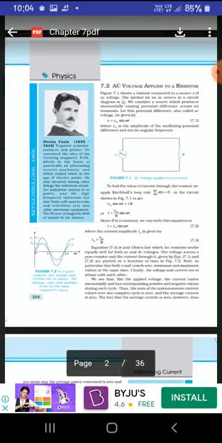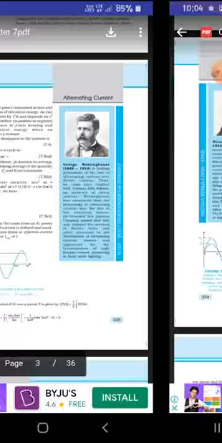Thus the sum of the instantaneous current values over one complete cycle is 0, so the average value of current over one cycle also becomes 0.